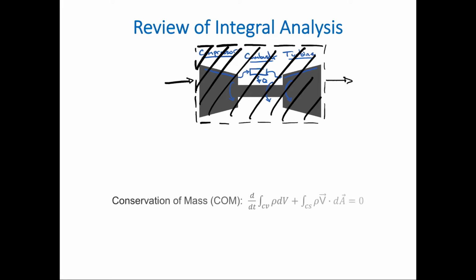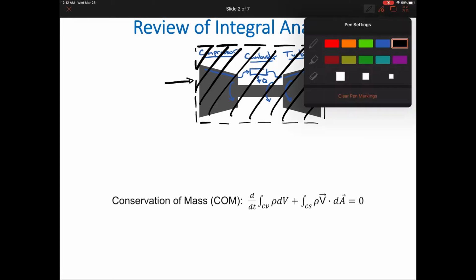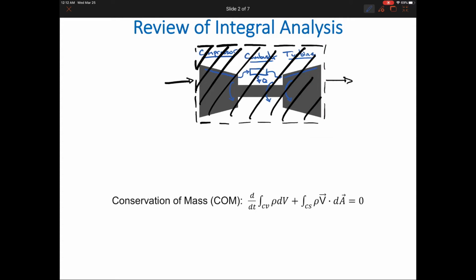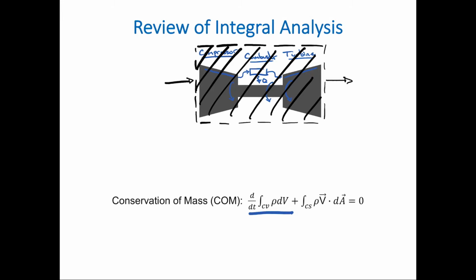So our first equation that we're interested in for integral analysis is what's called conservation of mass. So the first term in this equation is our statement of the rate at which mass is accumulating inside of the control volume. Now if it's operating at steady state, we'd be able to say that this term is equal to 0.